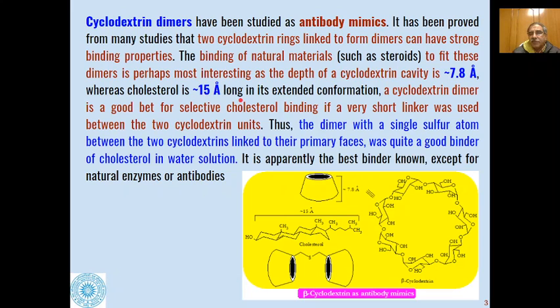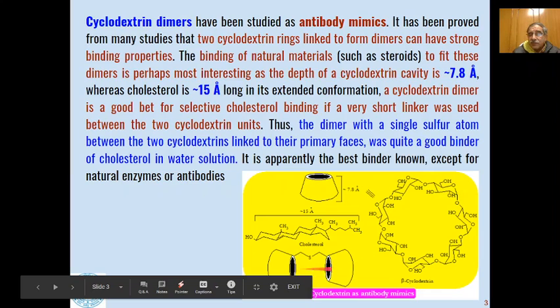in its length. Now, if this is 7.8, that means if we join two cyclodextrin molecules, we will have a cavity which can fit these types of steroids into it.